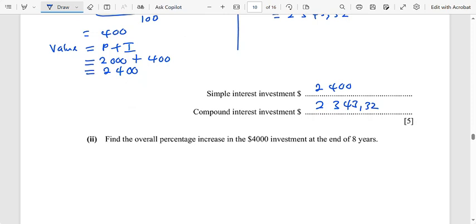Find the overall percentage increase in the investment of 4,000, if the investment of 4,000 at the end of the 8 years.